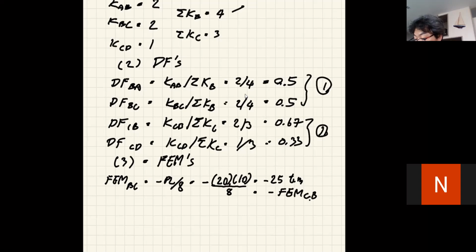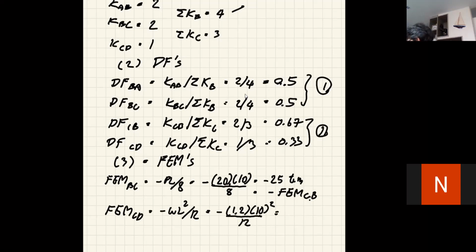Another one is FEMCD, which is minus WL square over 12. So that's minus W is 1.2, L is 10 square over 12.